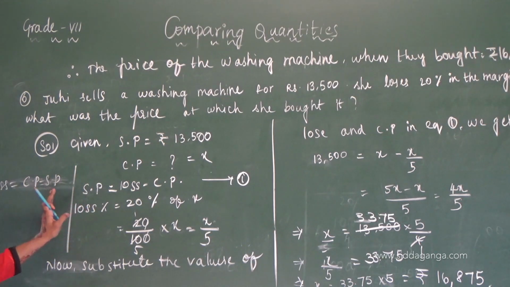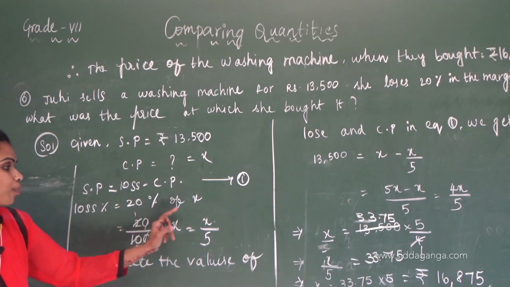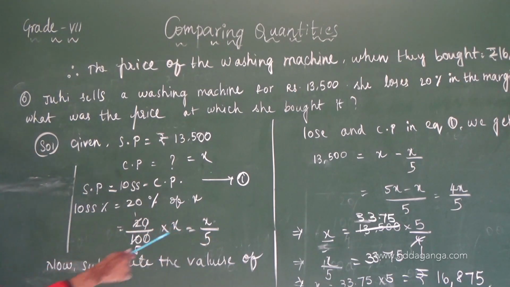Just this only I am using here. And then loss percentage equals 20% of x, 20 divided by 100 into x equals x by 5, just cancellation.